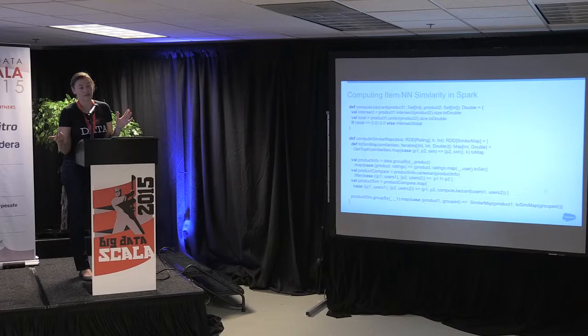This can be really expensive, and there are ways to limit this to only products that have at least one user in common, but for simplicity, let's just take the Cartesian. You filter out products that are the same as themselves, since you don't care about them. Then you compute the Jaccard similarity for all of those pairs. Given those similarities, you group on product, take the top most similar products, and get your similarity map. That's all you need to do to train.